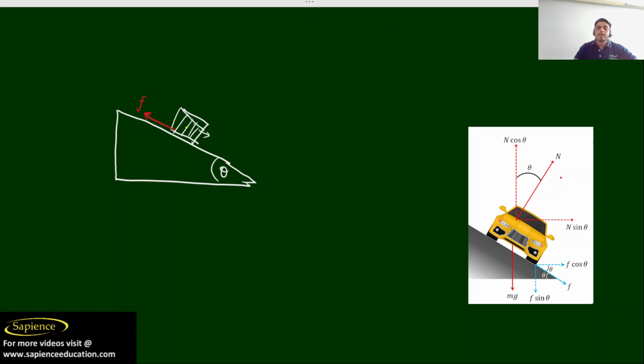See here, mg will act downward, and the normal force will be here. This is the normal reaction force, and this is your angle theta. So this will be N cos theta, and in this direction it will be N sin theta.